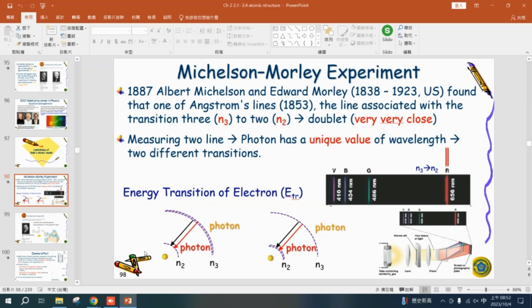So it's either the electron transition from N3 to N2 has two lines, or there are two energy states in the N2 or N3. Okay, so this is the possibility. We think this double line cannot be explained by the Bohr atomic model.